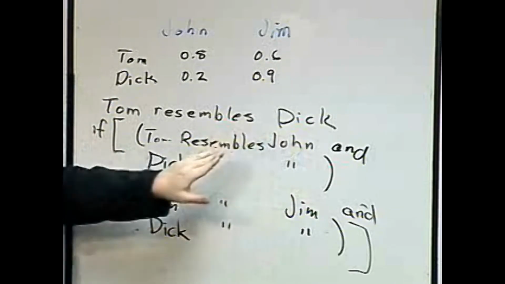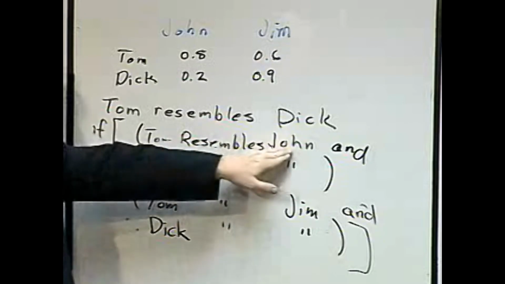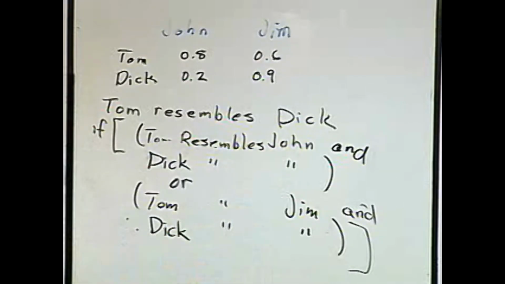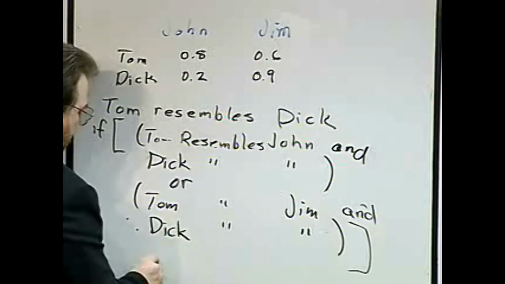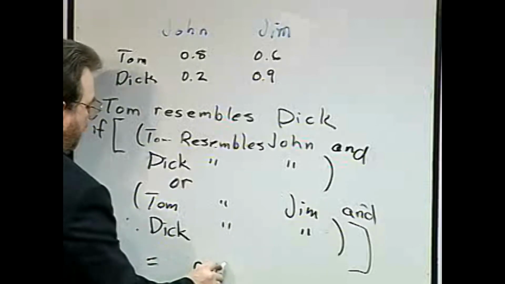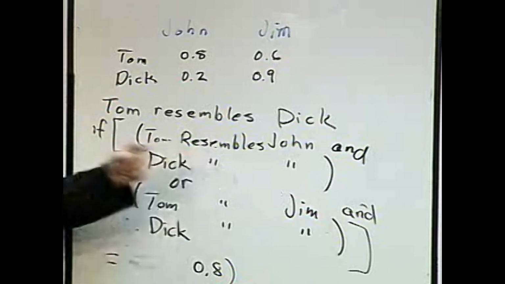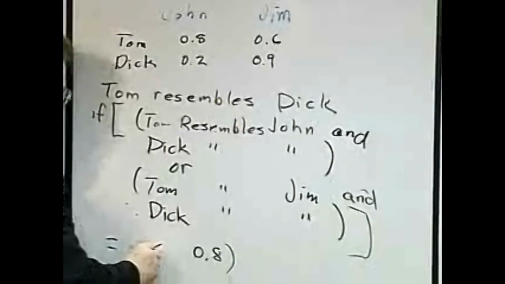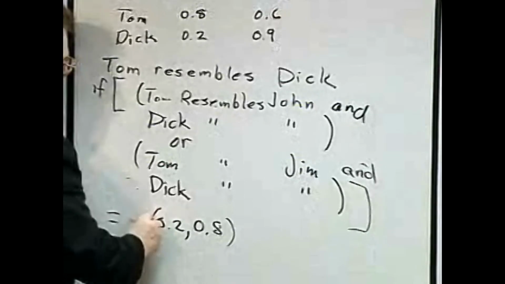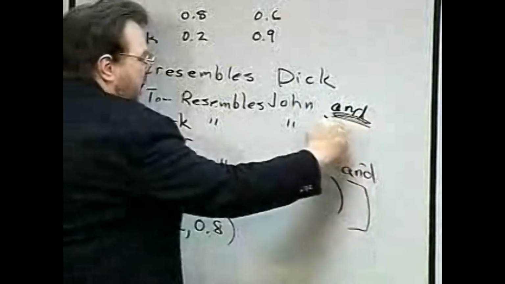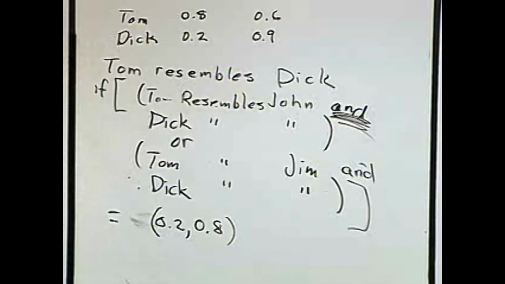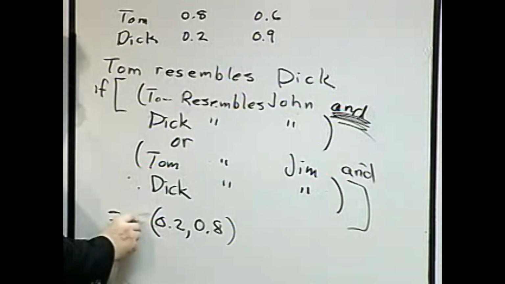What is the resemblance of Tom to John? 0.8. What is the resemblance of Dick to John? 0.2. And what do we have here connecting them? A fuzzy and, right? Min. So that's the first statement, equal to the minimum.